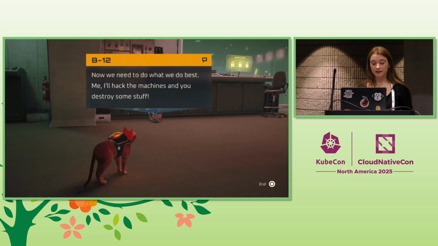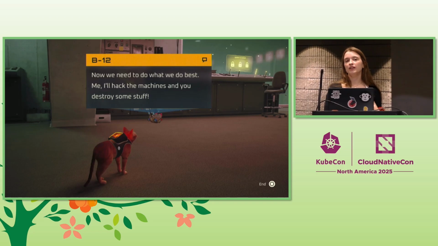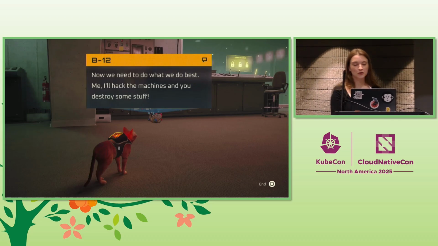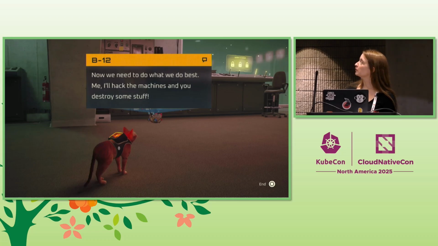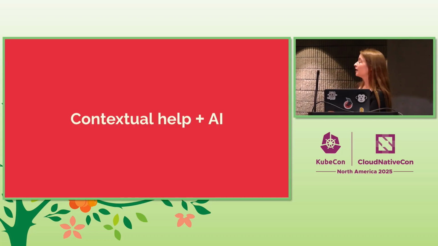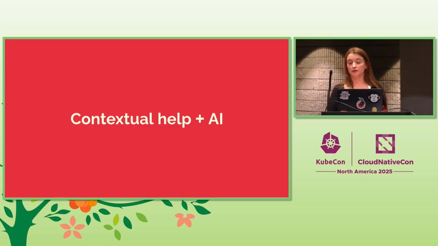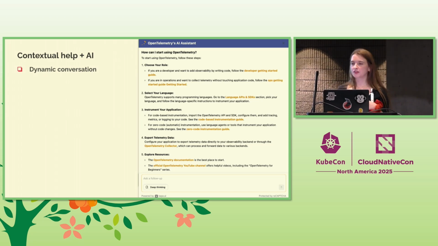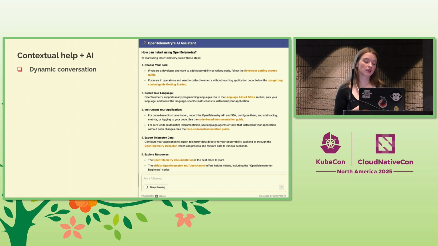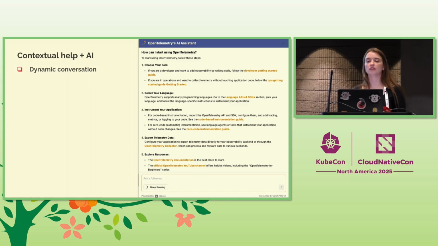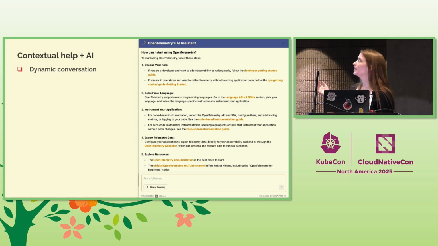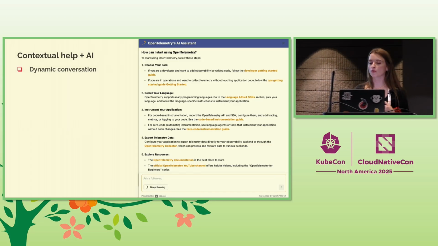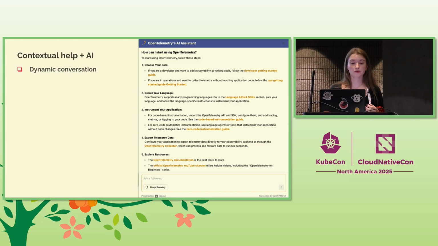Now this contextual help is getting even more interesting, because you may know what I'm going to talk about because it's a trending topic, but now contextual help with AI, it's getting even better. Because it becomes a dynamic conversation, so it's not just static info, but now if you don't understand that information that is being displayed there, you can keep on asking questions and keep on learning from it.